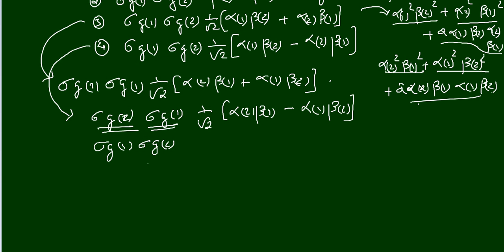So sigma g1 sigma g2, 1 divided by root 2. Then I am going to write this one first, alpha 1 beta 2, and I have a negative sign here. I have kept that negative sign out, and I multiply that negative sign here.